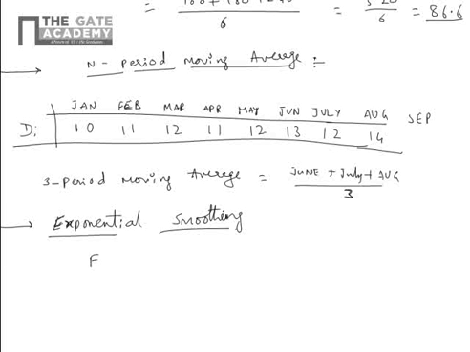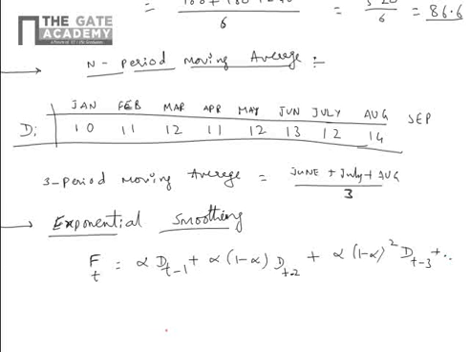So the forecast for the month T equals alpha times the demand of T minus 1, plus alpha into 1 minus alpha times the demand of the month before, plus alpha into 1 minus alpha squared times the demand d of t minus 3, and so on.